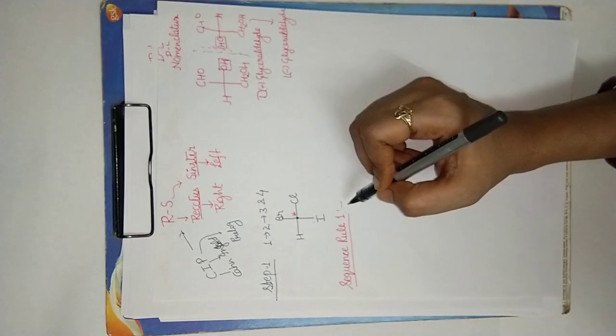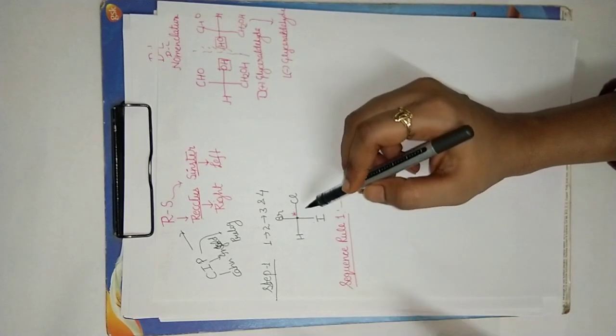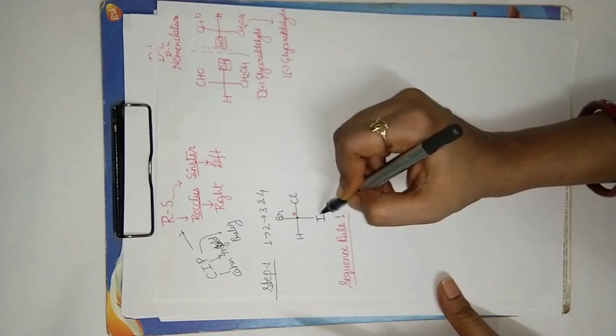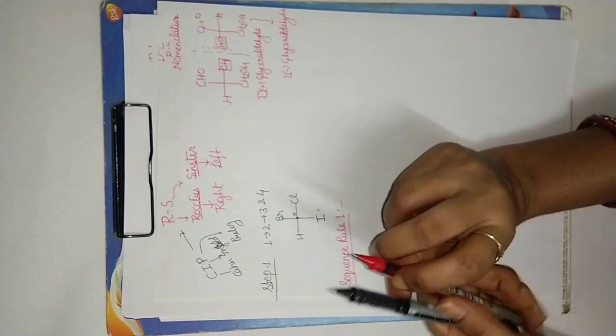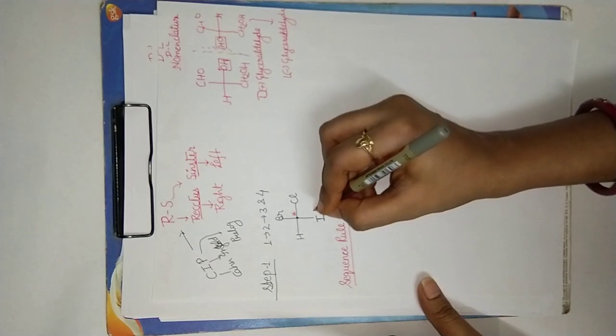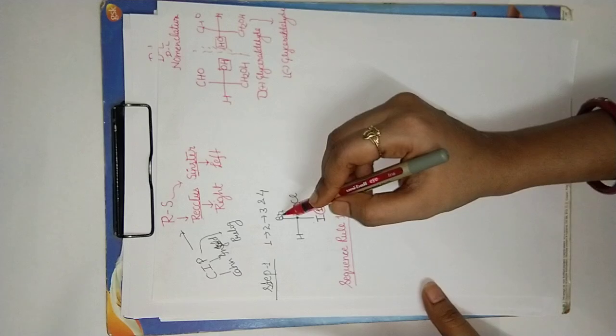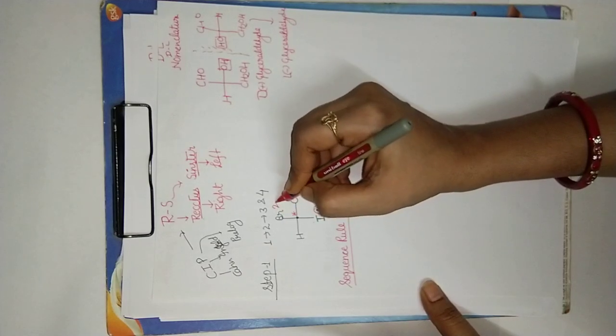The atoms of higher atomic number get the higher priority. Thus for the compound, I mean to say, if this one has the highest atomic number, it will get number 1. After that, this one has the next highest atomic number, it will get number 2.